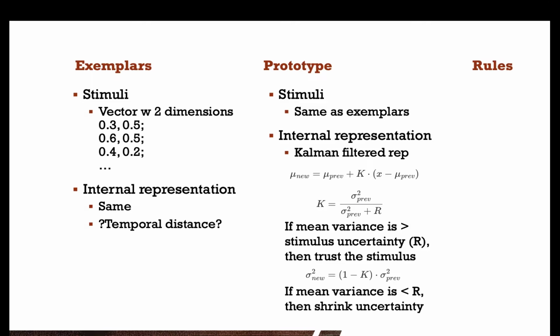So the other parameter of the model beyond R is going to be Q, which is an expected change in the underlying categories. Note that it's not necessarily the same change that's happening in the stimuli or in the mechanism that generates the stimuli.